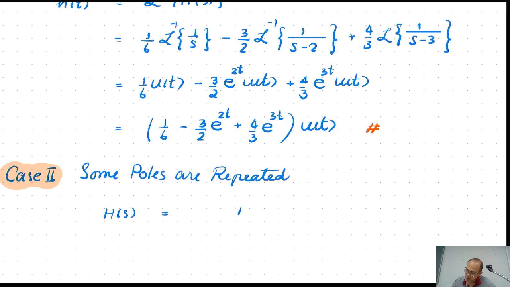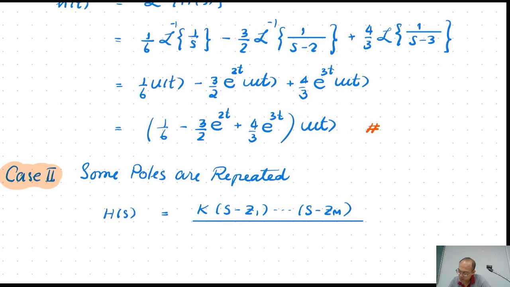Some numerator, K times (s minus z1) through (s minus zm). This is the zero section, divided by the poles: (s minus p1) times (s minus p2) to the r.